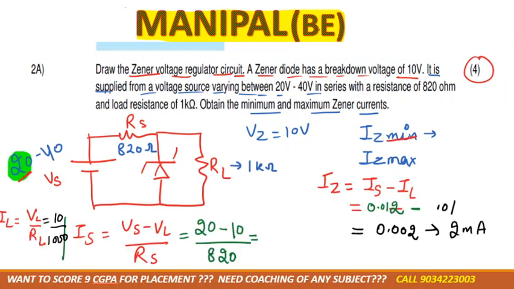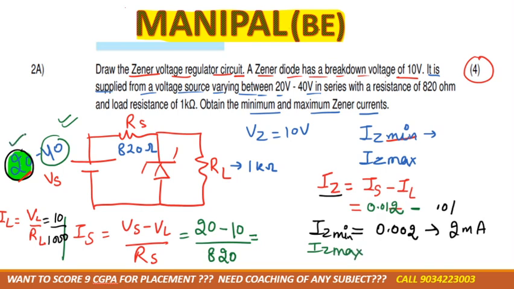So now tell me. We get the value of IZ minimum as 2 milliampere, right? We have used Vs as the minimum voltage. Now you can do the same procedure by using 40 volt. Then after solving it, you will get IZ maximum. If you take minimum voltage, you get minimum current. If you take maximum voltage, you get maximum current, right?